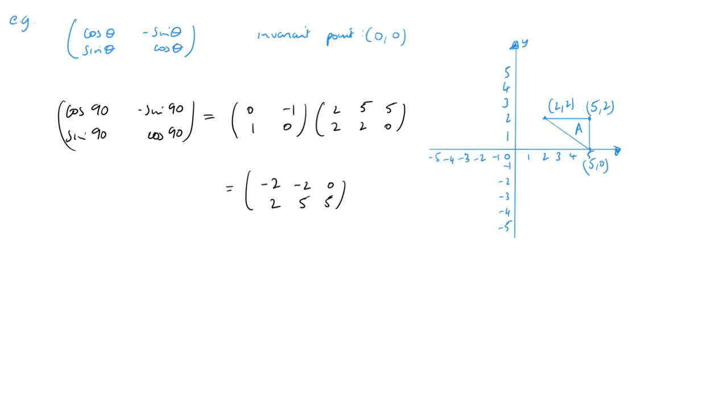So it goes to (-2, 2), (-2, 5), and (0, 5), like that. And you can see that if I rotate this about the origin anti-clockwise, I'd end up with this shape here. So that is the rotations.